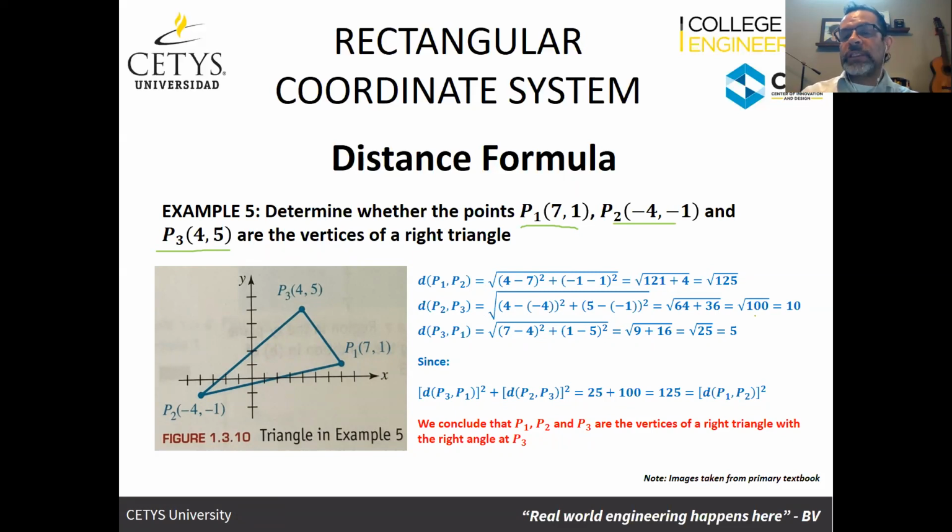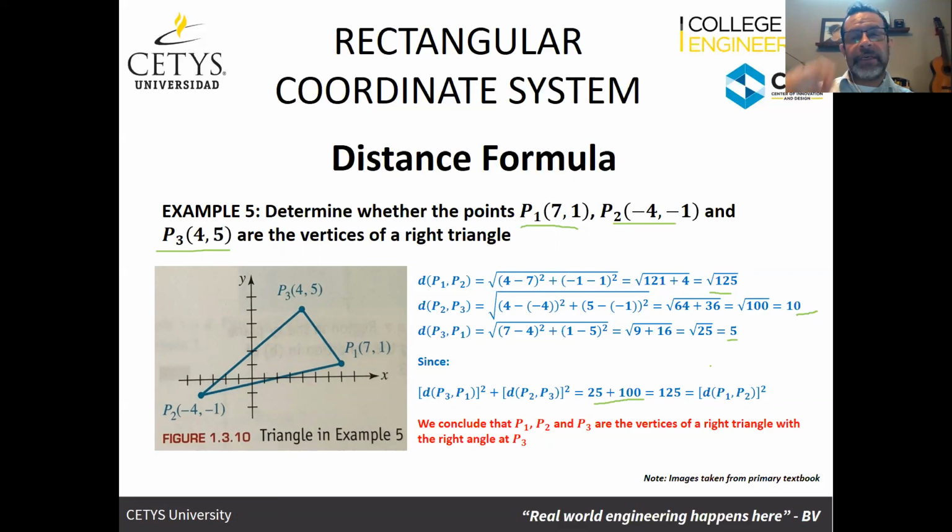So the sum of the squares of the 2 smaller sides has to be equal to the square of the largest side. The 2 smaller sides squared, which is 5 and 10, equal the larger side squared. Since the 3 sides comply with the Pythagorean theorem, we find that it's a right triangle.